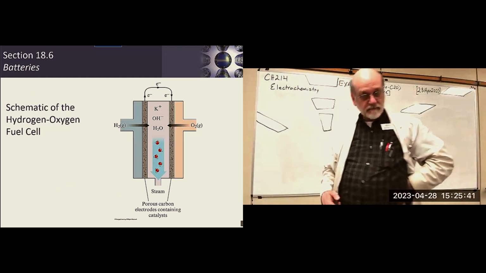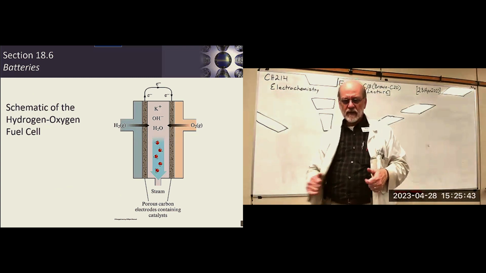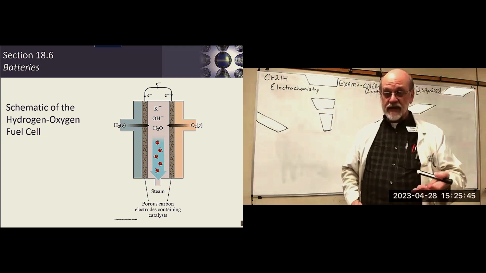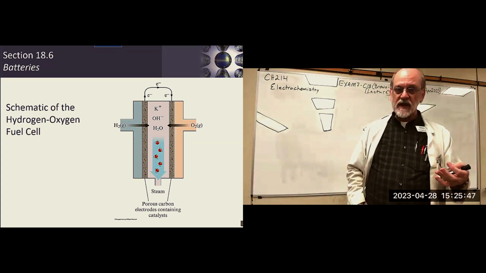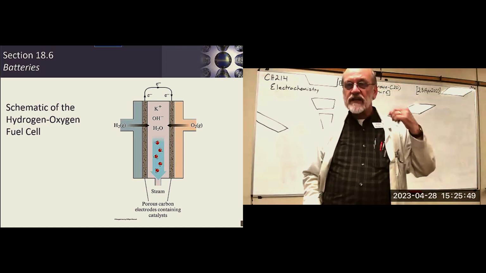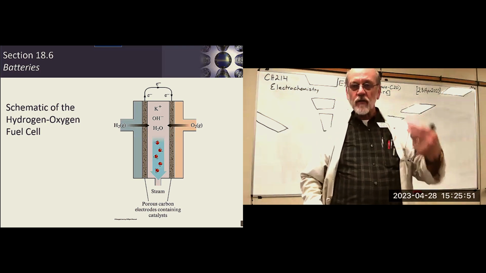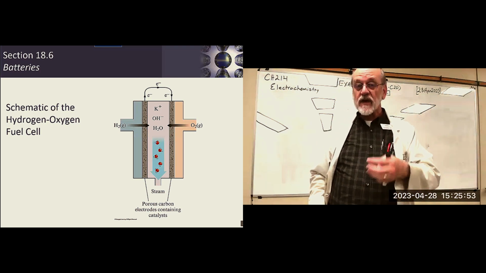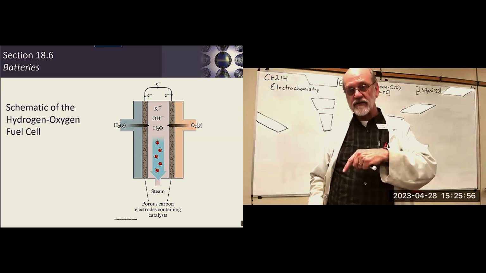This one is a fuel cell. It is a galvanic cell of sorts, but it can run continuously as long as you have a ready supply, in this case, of hydrogen gas and oxygen gas.